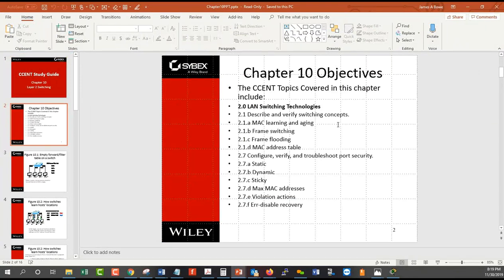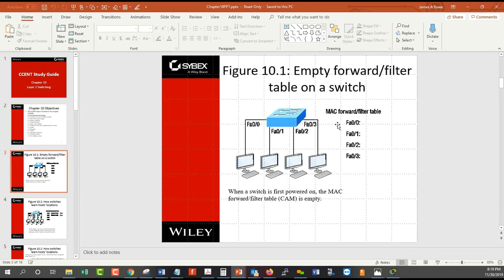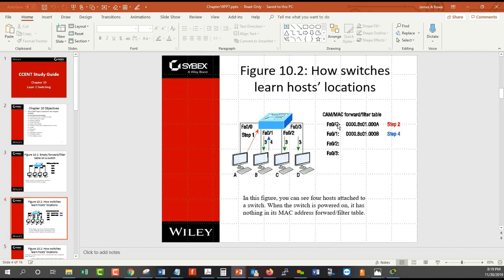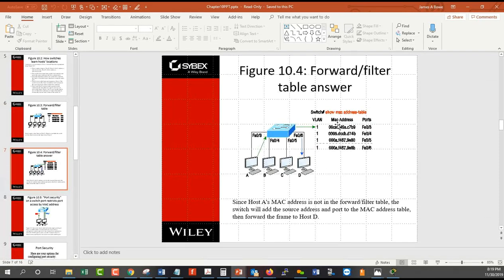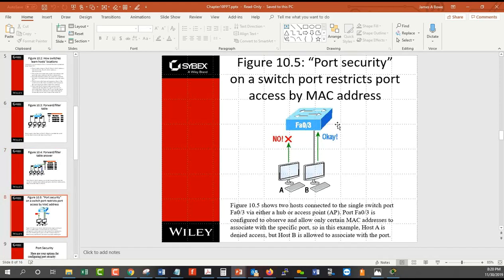We talked about the broadcasting, the forwarding, the flooding. You should know what that is and how that works. If you are having problems, go back and review the video that we put together. Know your port security commands. He does a pretty good job of going through that in the book about how to restrict ports. So read through those couple of pages, make sure that you understand that.